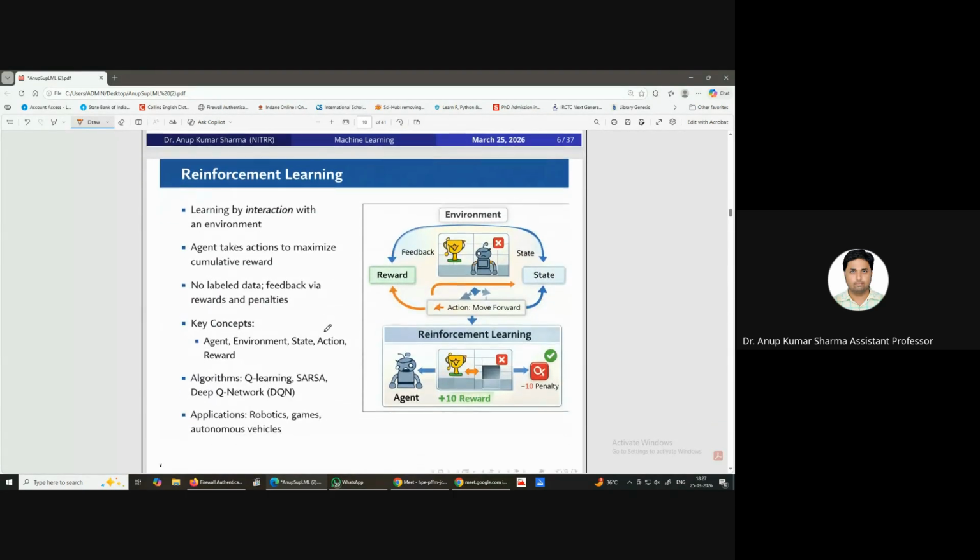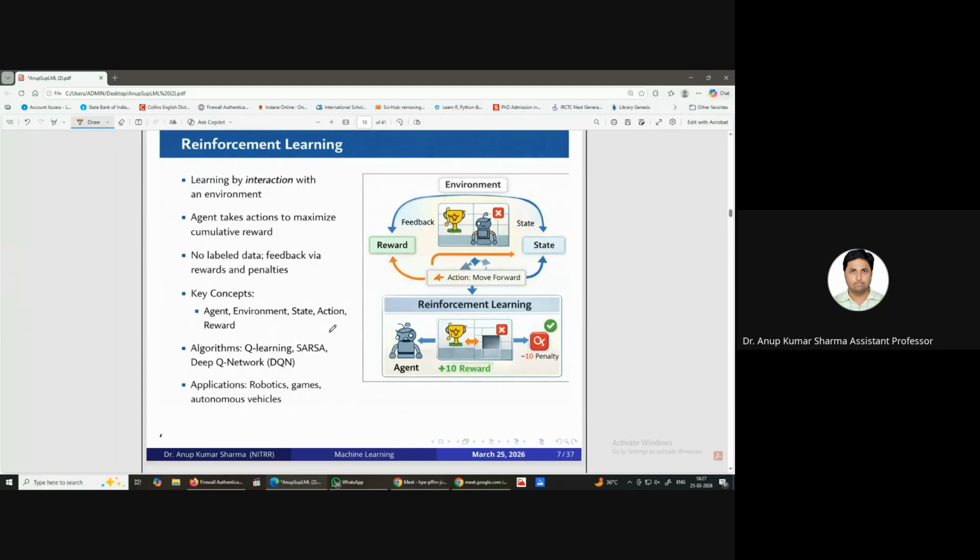One more is reinforcement learning. We can see reinforcement when we are playing a game. When our agent or some character is moving, it gets rewards. Sometimes it is unable to move or gets problems, so in that case a penalty reduces the behavior.